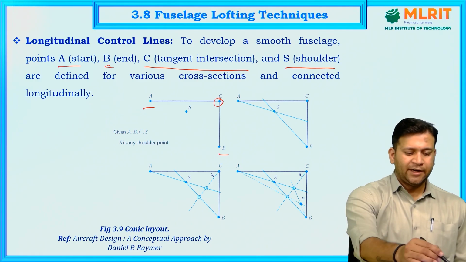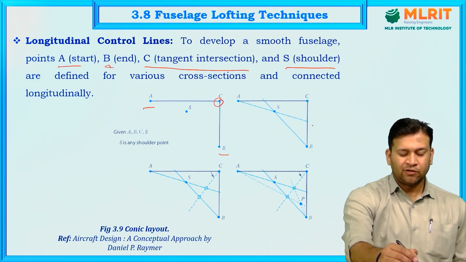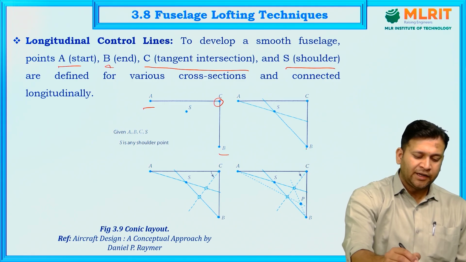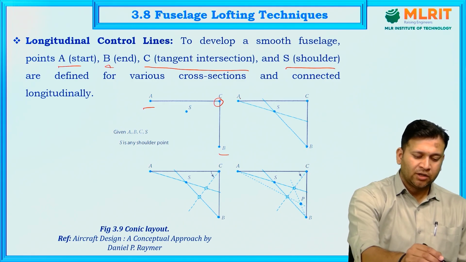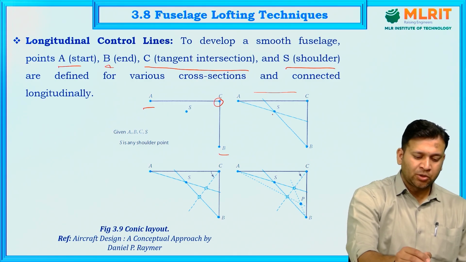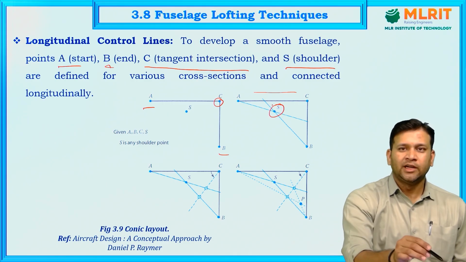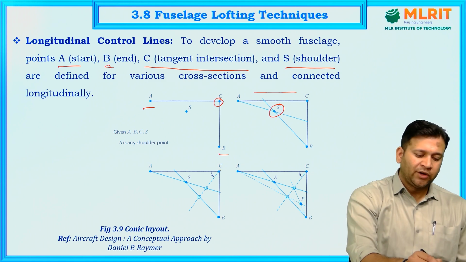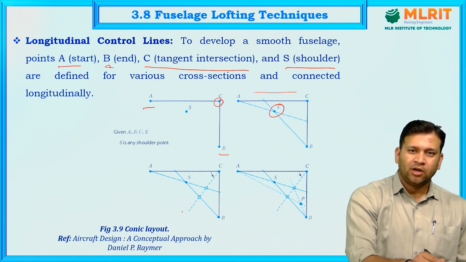Initially, a line is drawn from A to this curve BC, and a line is drawn from this point B to this segment AC, which is going through this point S, a shoulder point. Both lines will be intersected here. And then one more point from C is drawn here.